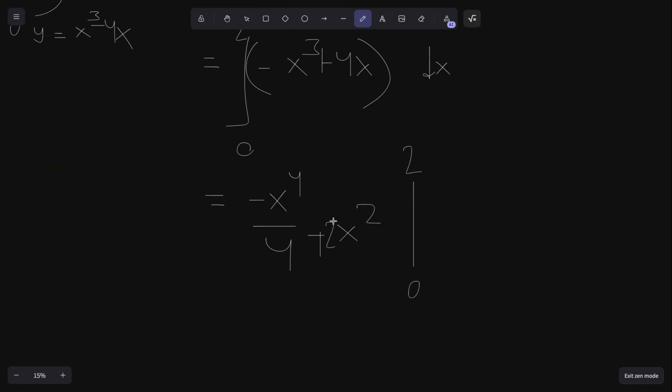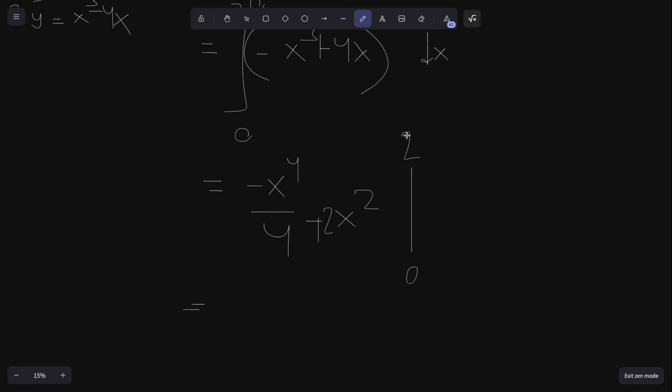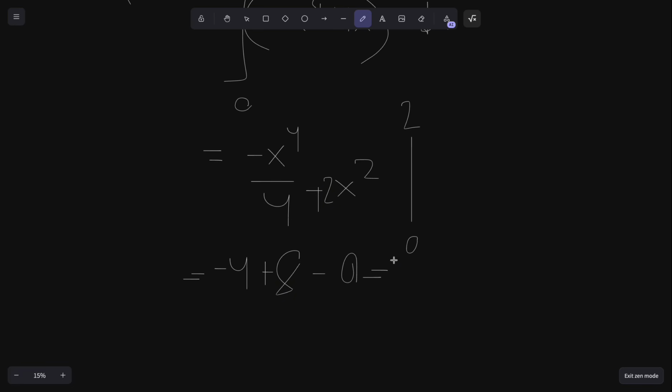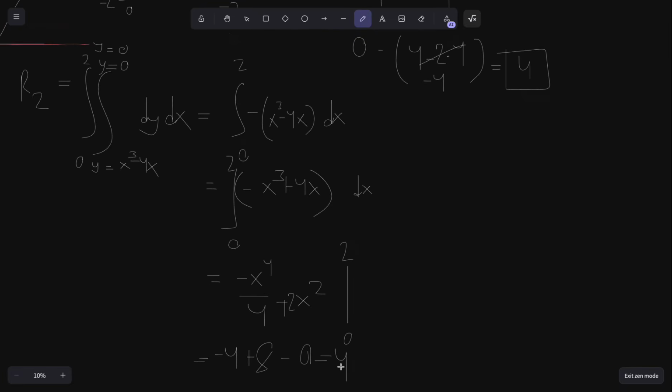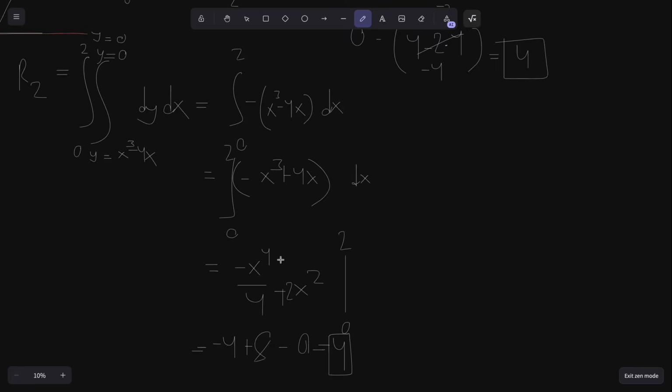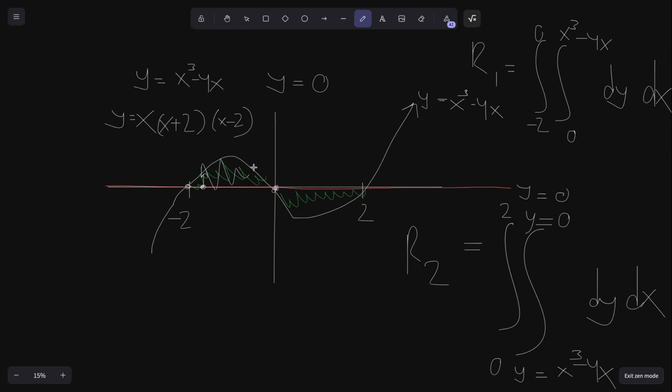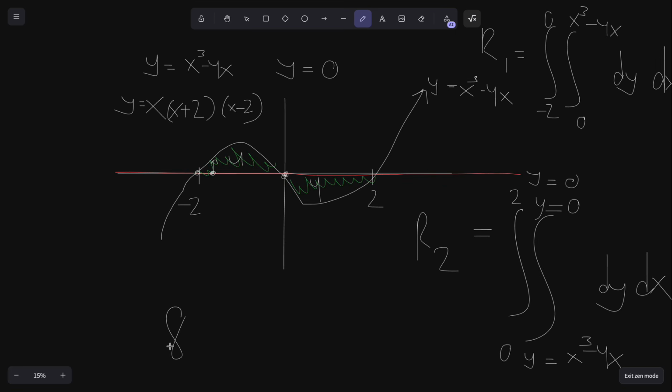Oh, almost forgot to put a 2 here. Sorry about that. All right, so now this is going to be negative 4 plus 2 squared is 4 times 2 is 8, and then minus, and that's just going to be 0. So this is going to give you an area of 4. And so when you add up the area of 4 here and 4 here, you get a total area of 8.